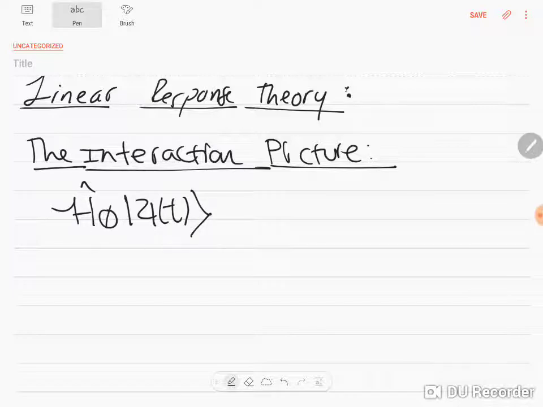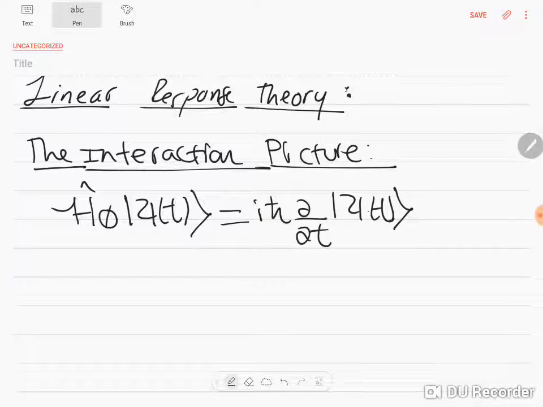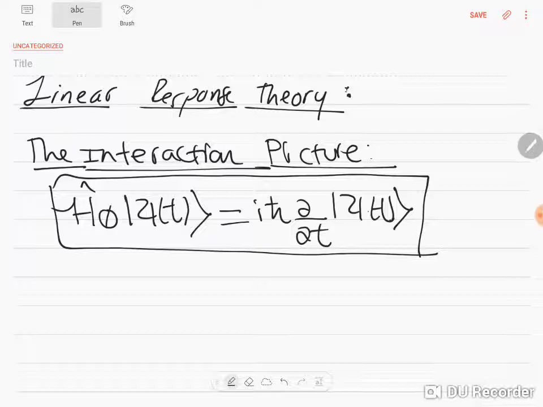H0, which is the Hamiltonian, acting on the state psi of t, is just equal to i h bar times the time derivative of psi of t. So this is the ruling mathematical object of quantum mechanics. We will consider this in the absence of the perturbation.